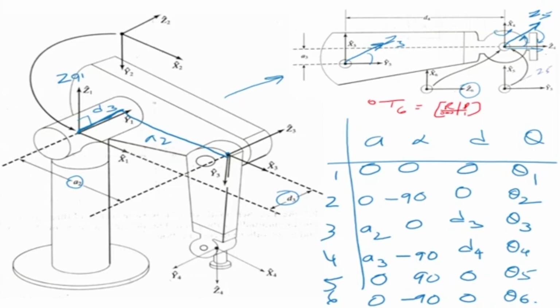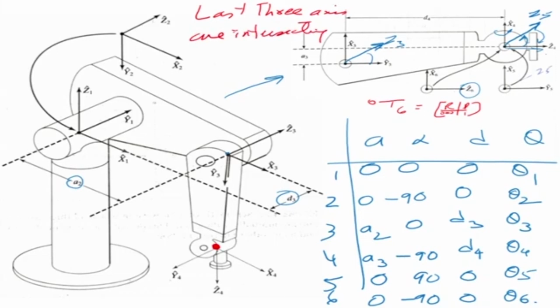So here is something that we note in this manipulator: after axis number 4, which is here, there is no change in A or D. Why? Because the last three axes are intersecting. So please note that the last three axes are intersecting.